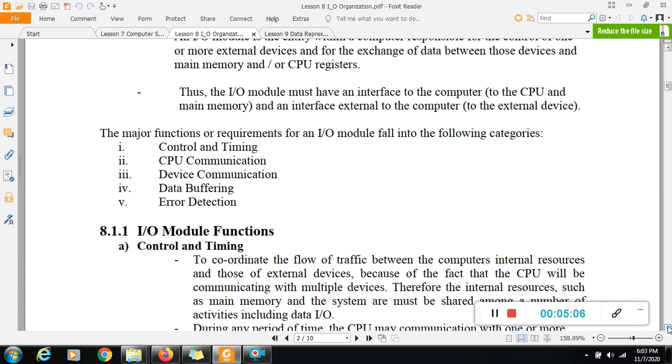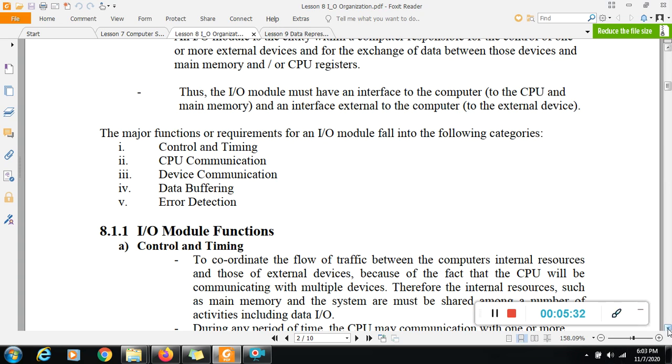Of course, data that is coming from the external device into the CPU needs to be buffered so that you don't slow down the communication between the CPU and that kind of a thing. And again, for reasons that some of it had to be converted. So data also that is coming from the CPU going to the device may need to be buffered to synchronize the speeds. Error detection also is one of the functions of the input output module.